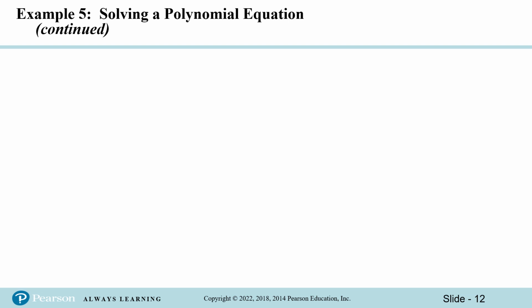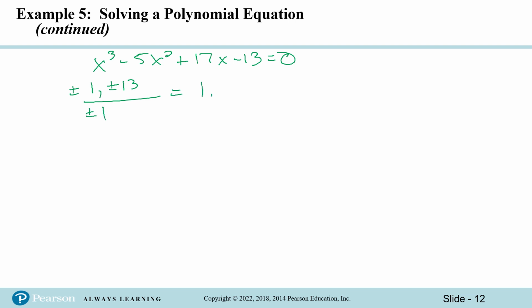So this is what we're doing right now. Our x cubed minus 5x squared plus 17x minus 13 equals 0. Again, I'm going to list the possible rational zeros. And we're going to divide both of those by plus or minus 1, which again gives me 1, -1, 13, negative 13. We're going to test it again.